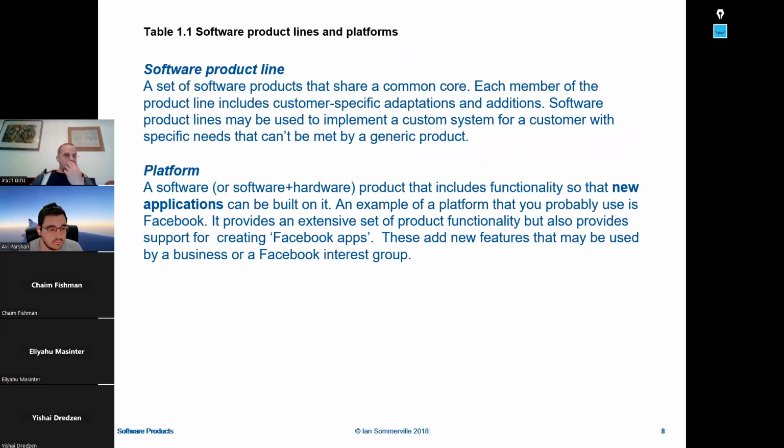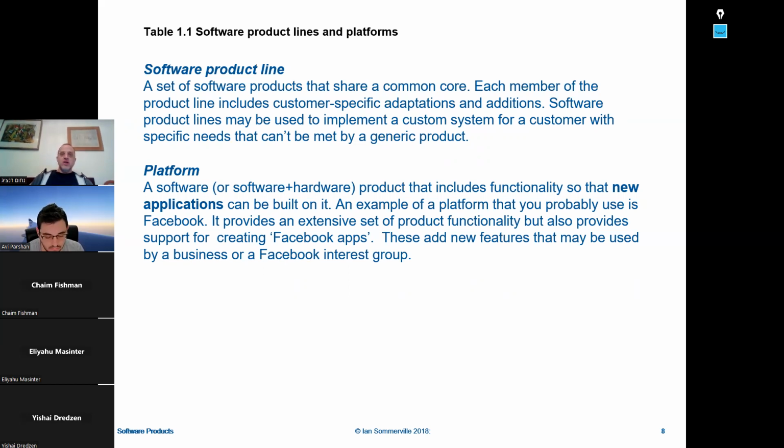So there's two terms here, software product line and platform. Product line is a set of software products that use a common interface or have a common core. Each member of the product line includes custom specific adaptations and additions.